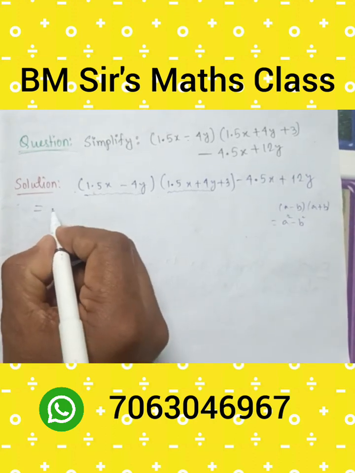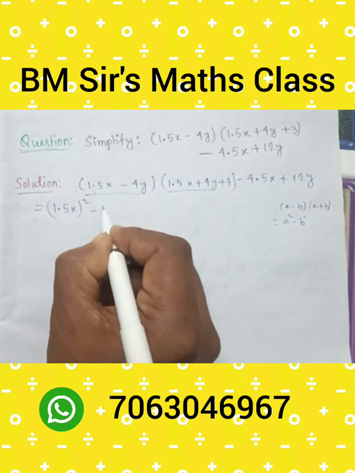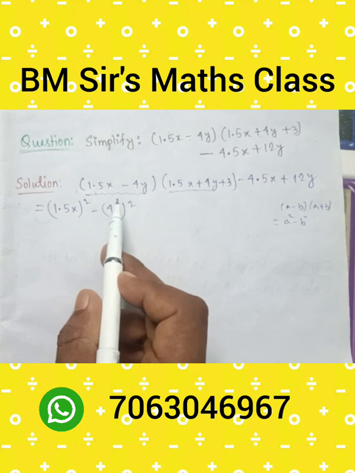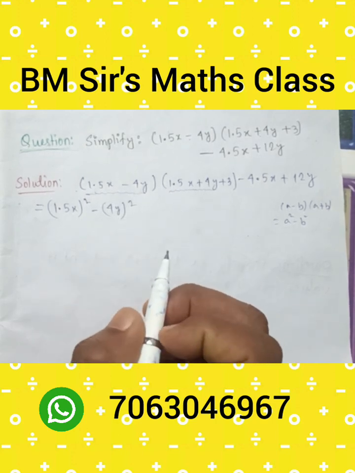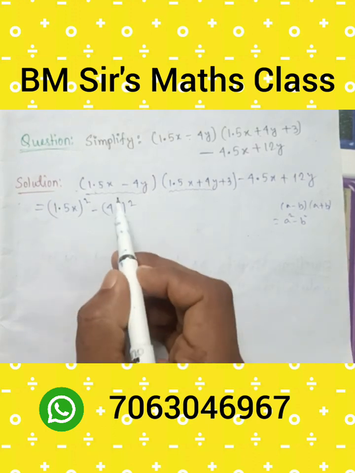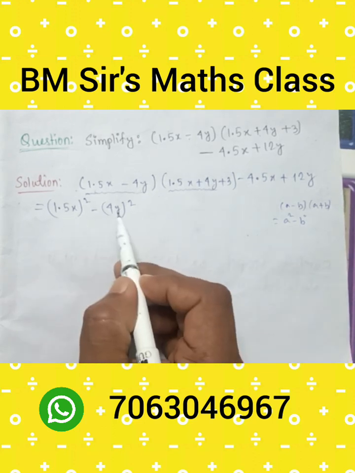So you'll get (1.5x) whole square minus (4y) whole square. And if you multiply term by term, then two terms will vanish. That means if you multiply these two terms by these two terms, you will get only these two terms.